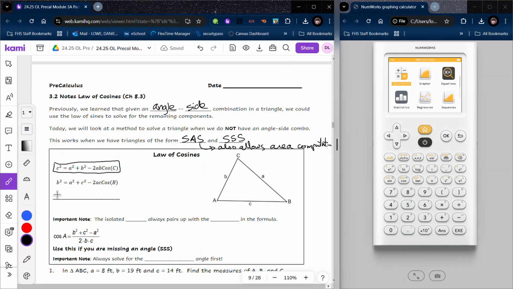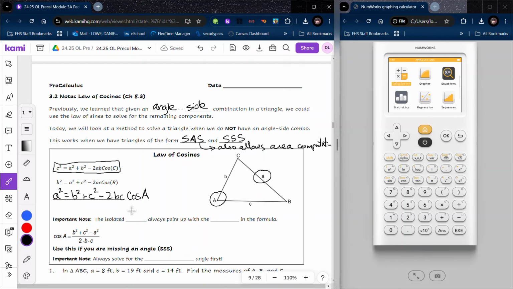If I have side a squared, it's going to be given by the sum of the other two sides squared minus double the product of the other two sides times the cosine of the paired angle. So if I have side A with angle A, then I can square the other two pieces.